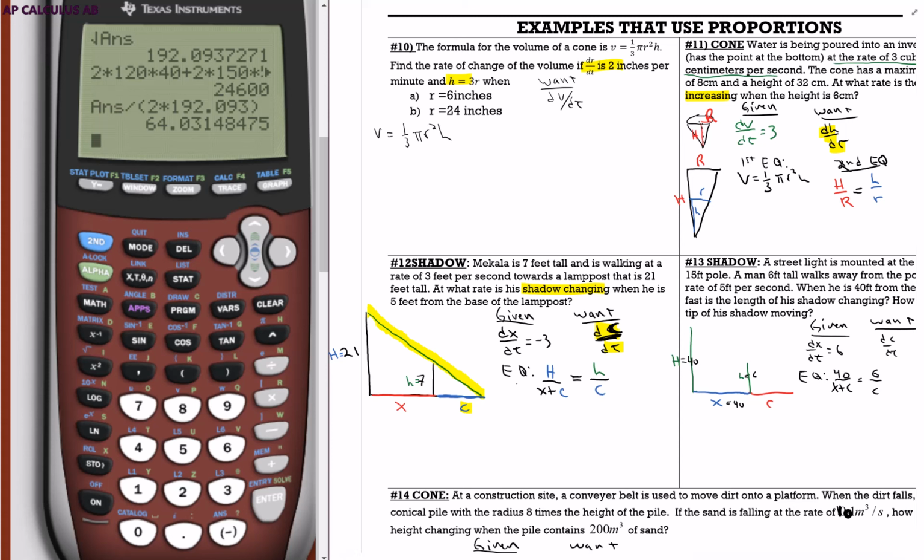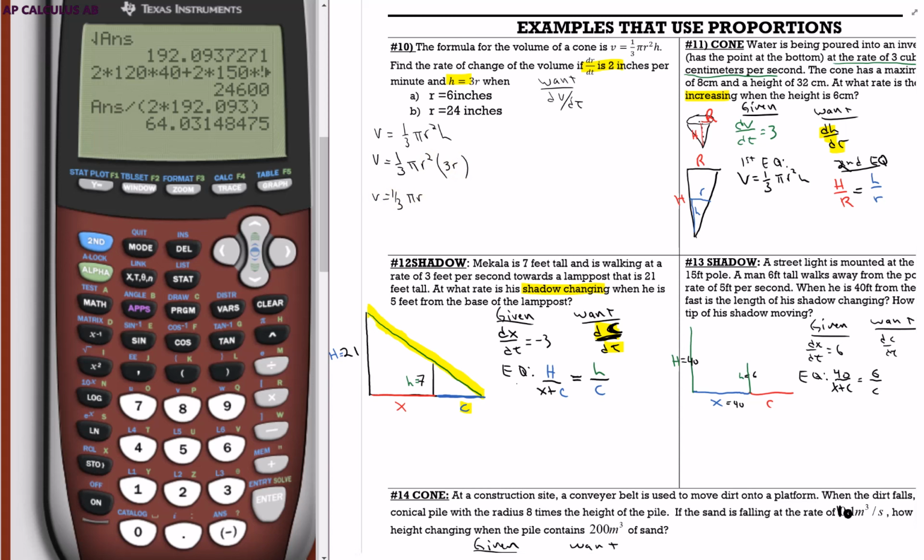So in this case, because I'm given dr/dt, if I can write my volume equation in terms of r, then I won't have to worry about h, right? So they tell me h is 3r. So the first thing we actually want to do is, because I know that relationship, we're kind of doing a substitution, like solving a system of equations by substitution, right? We're going to actually replace my h with 3r and then simplify.